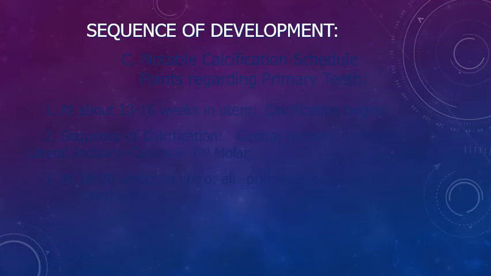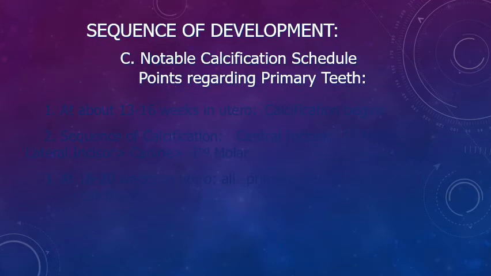So lastly, we'll be looking at the sequence of development and some calcification schedules regarding primary teeth. Now, there's a concept regarding the sequence of eruption and the calcification dates. Although eruption patterns are highly variable, and there can be a lot of variation in terms of eruption or emergence of primary teeth, calcification stages usually follow a schedule.